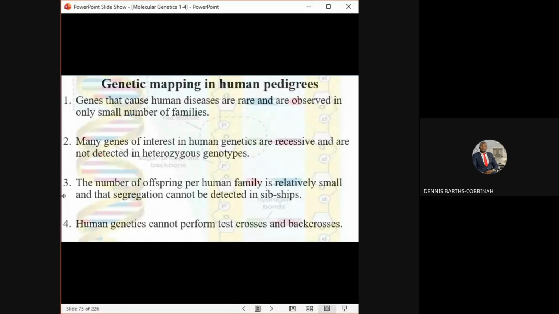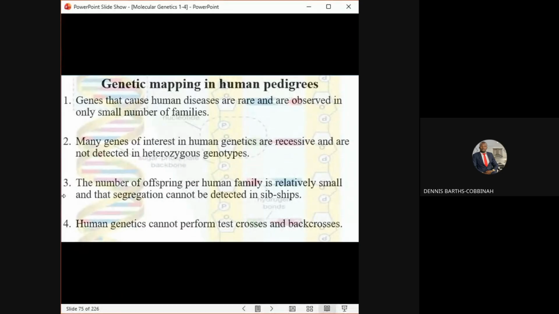And you know that every character is controlled by a pair of alleles, or a pair of alternative forms of genes. In heterozygous organisms, you have a dominant allele and a recessive allele.